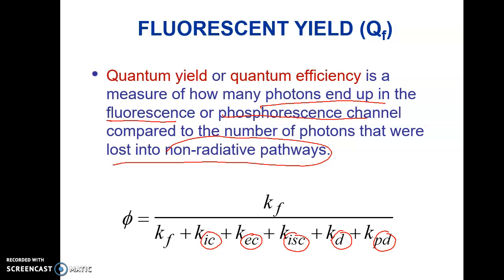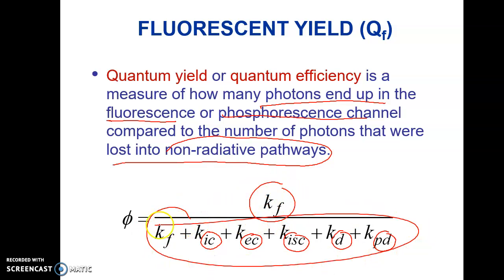So we want to know how much of the fluorescent as compared to all these culprits. So this is the symbol, F is fluorescent, P is phosphorescent.